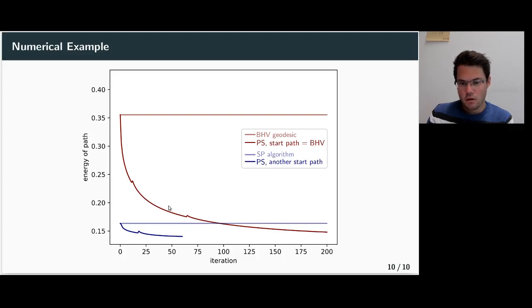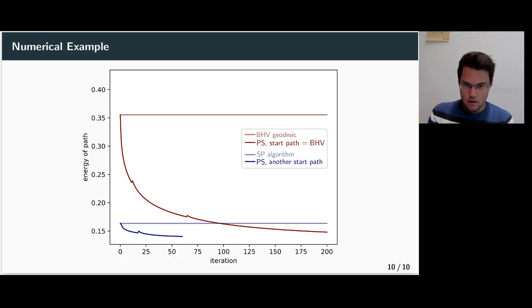And after 200 iterations, it seems we have not yet arrived at a minimum. Now, this SP algorithm is this algorithm that gives us this sophisticated guess for another starting path. And we start with a much lower energy already, and then the path straightening algorithm applied to this path also decreases the energy. And it seems that both energies go to the same level here.